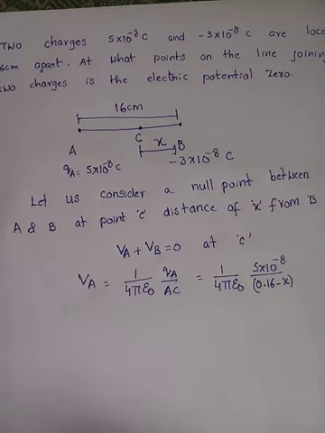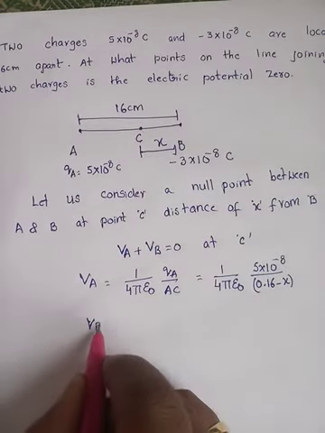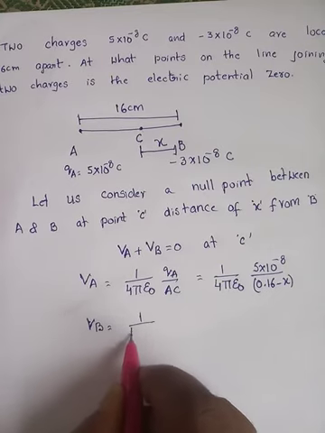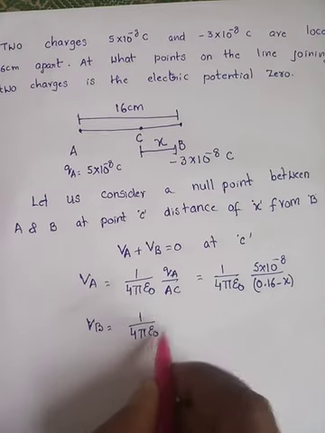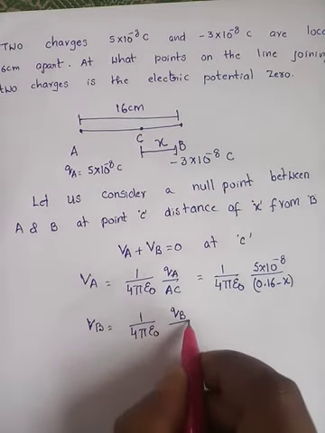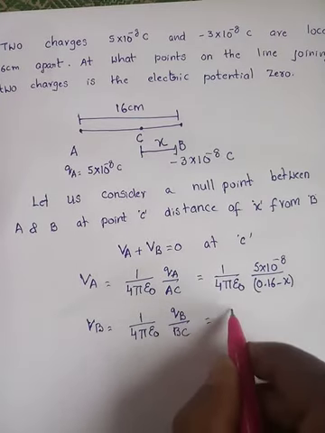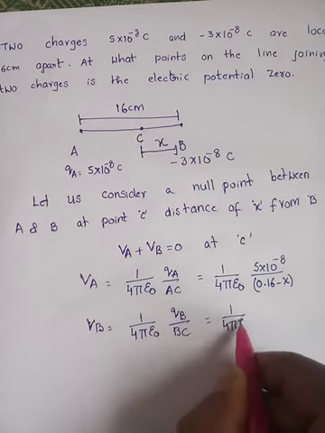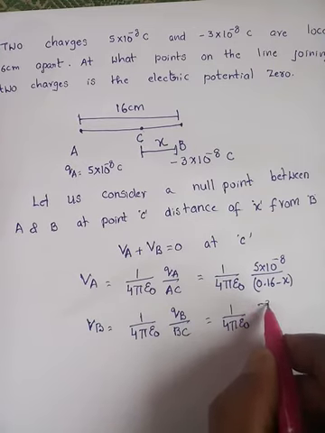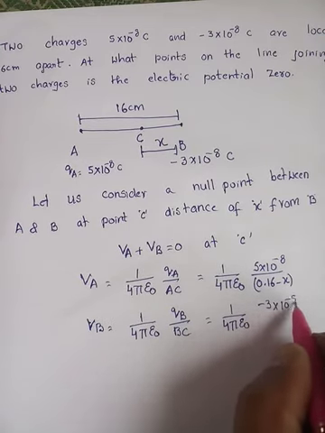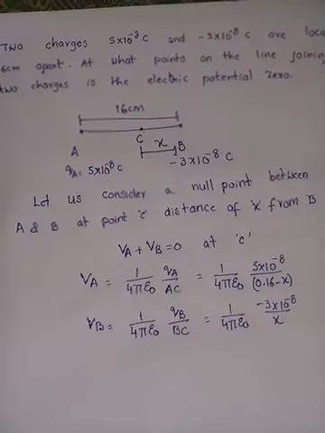Is it right? In the same way, the potential at B equals 1 by 4 pi epsilon naught QB by BC, that equals 1 by 4 pi epsilon naught into minus 3 into 10 raised to minus 8 by x.